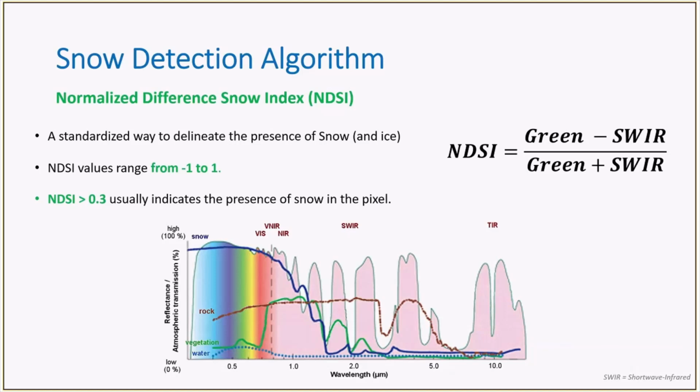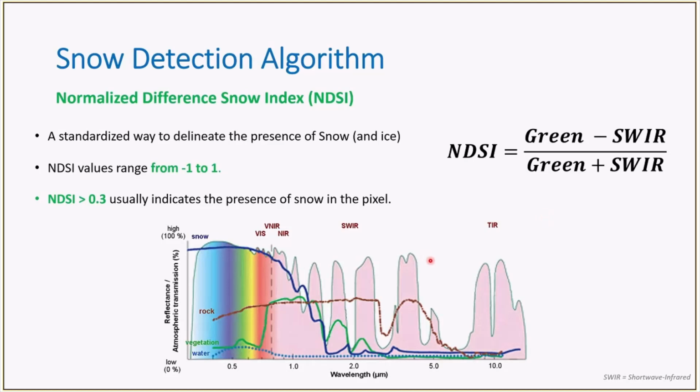As you can see on this spectral profile, snow typically has a high reflectance in the visible portion of the spectrum, especially in the green part, and a very low reflectance in the shortwave infrared. So this characteristic is used to detect snow from imagery by calculating the ratio of green and shortwave infrared bands. And that's where this NDSI formula is coming from.